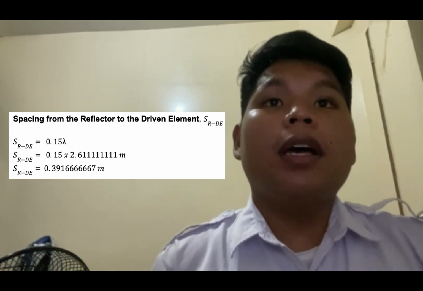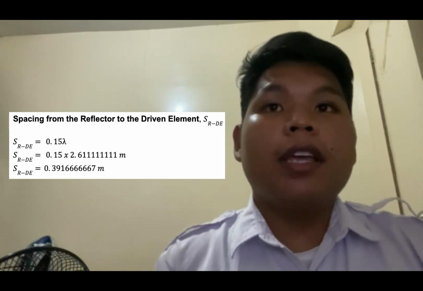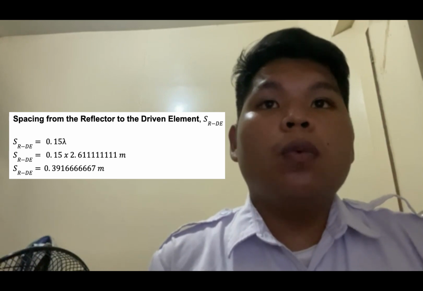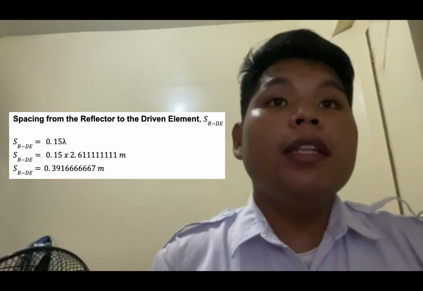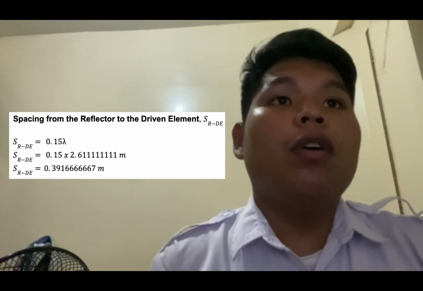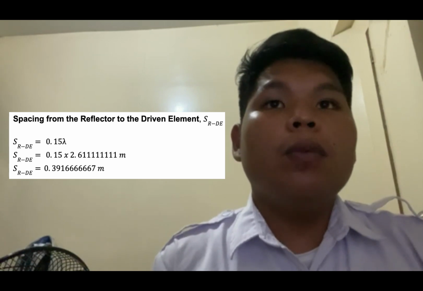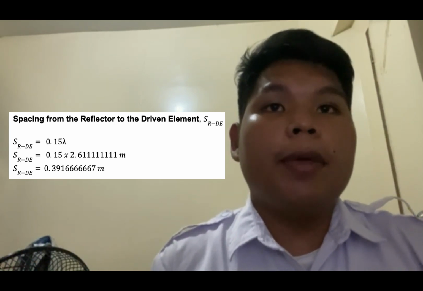By replacing lambda with the value we found for it, it will become 0.15 times 2.6111111 meters. By multiplying the two, we would have the value of SR to DE equal to 0.391666667 meters.